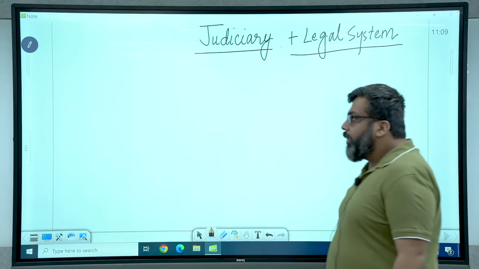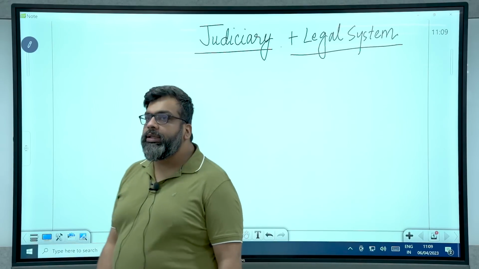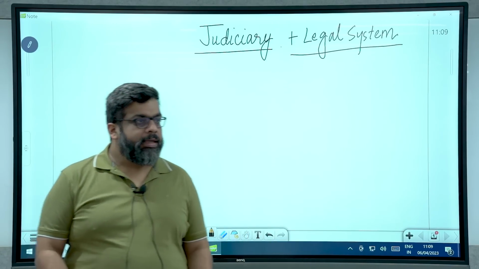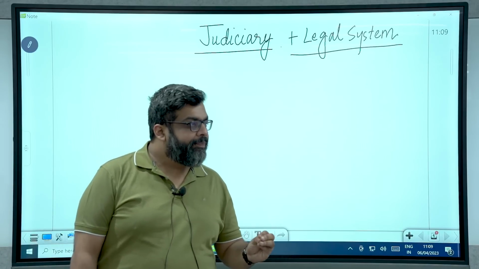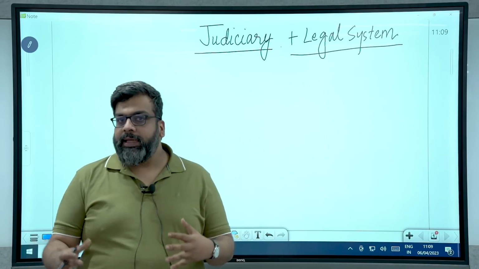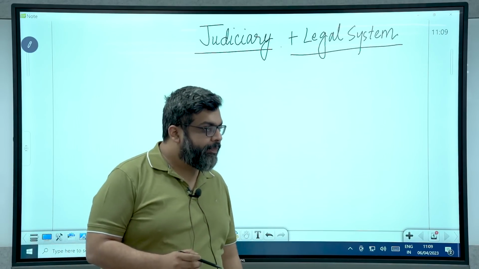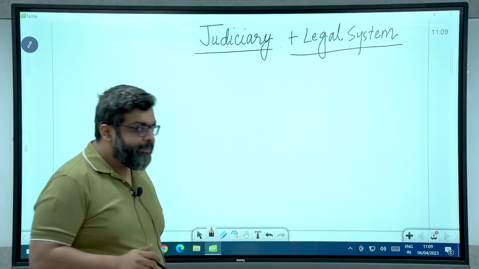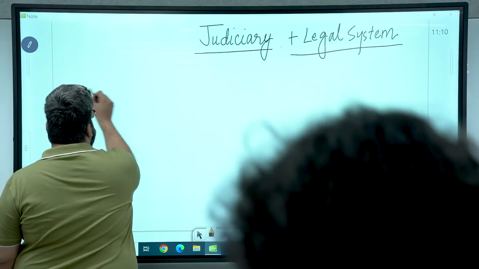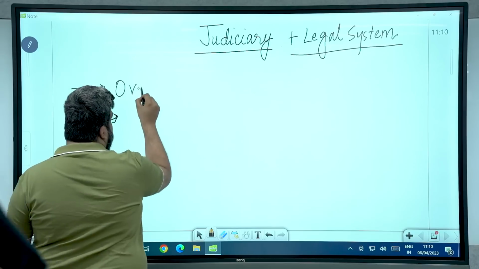And there is a reason behind it. The constitutional provisions around the legal functions are fairly limited, and a lot of it is done on a case-to-case basis. So what we're going to do is, we'll first set up an overview sort of a layer.